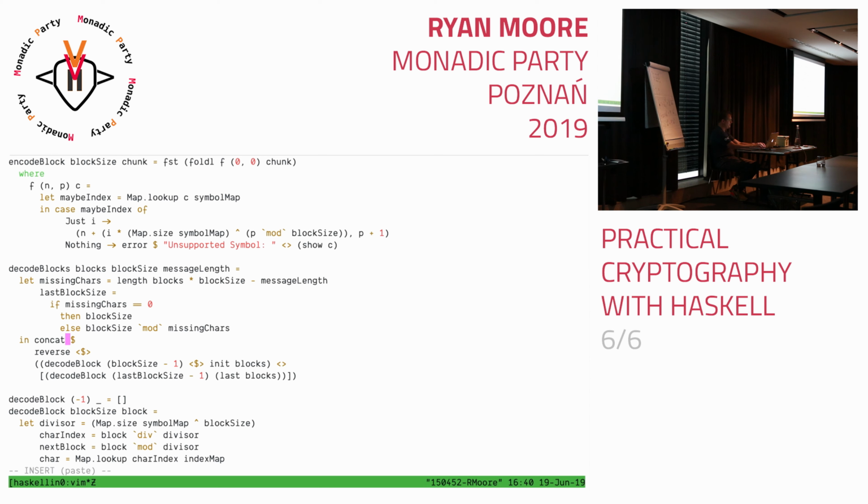And also, I think we can do this. We should be able to just concat map reverse, right? I won't mess with that right now. Yeah, so this is where the recursion happens. So this case right here, this is the last block.